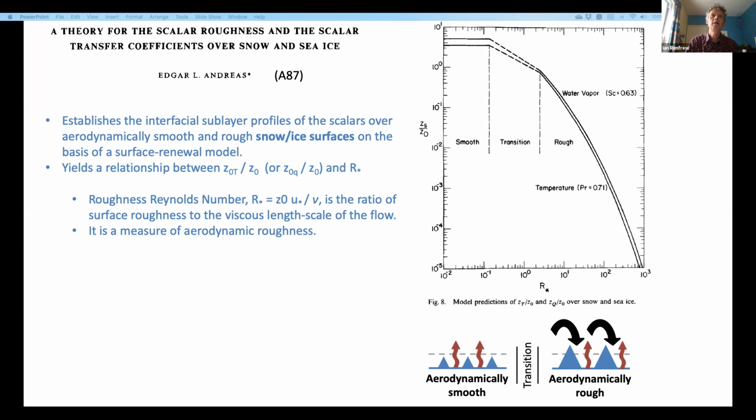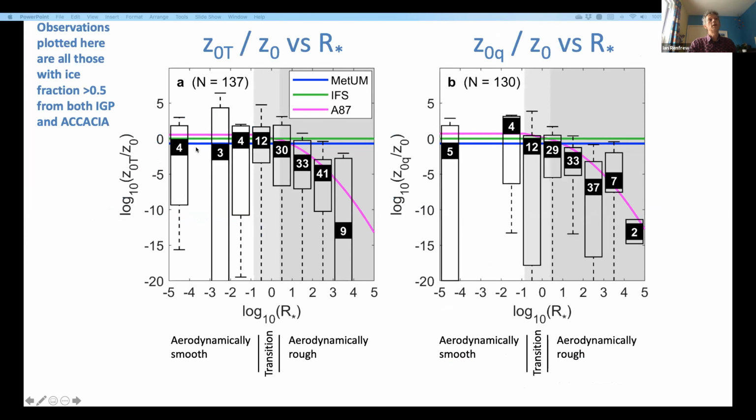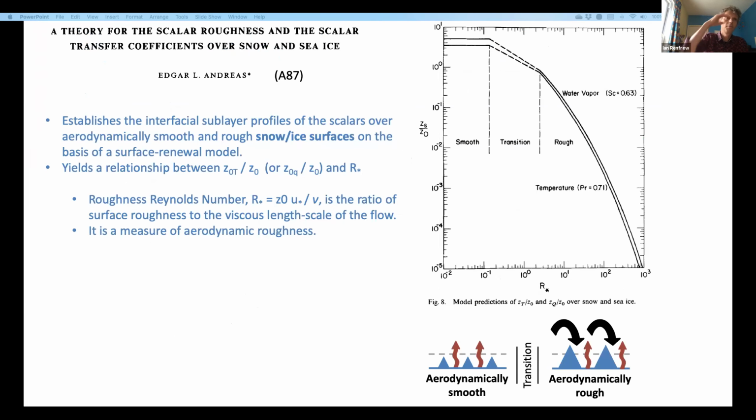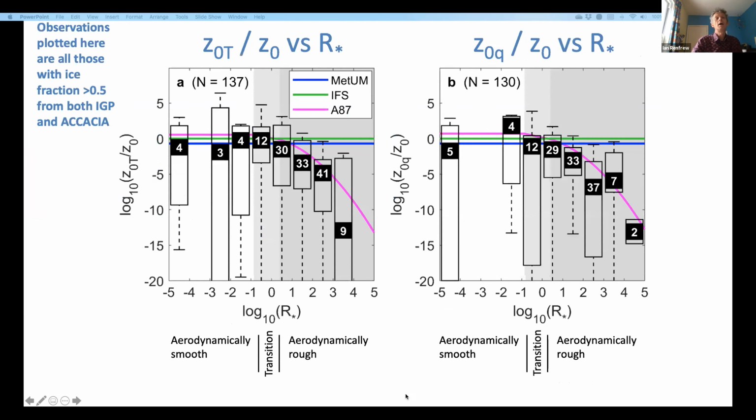And when we looked at that in our observations here, so this is the same diagram. I'm plotting Z0T over Z0 against roughness Reynolds number, which is just a measure of aerodynamic roughness. So this is the same diagram as shown here from Ed's paper. And you can see that our observations quite naturally fall into these 3 different regimes.